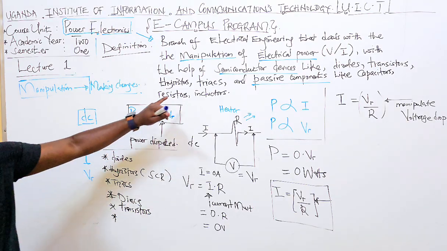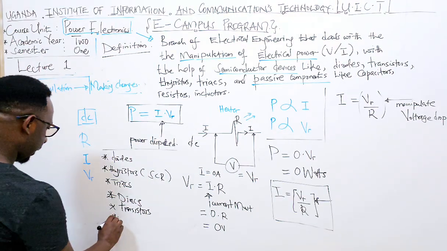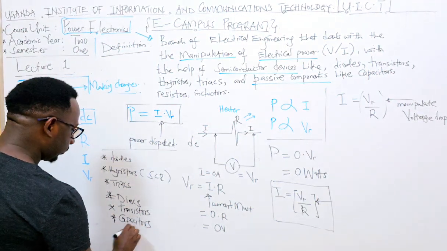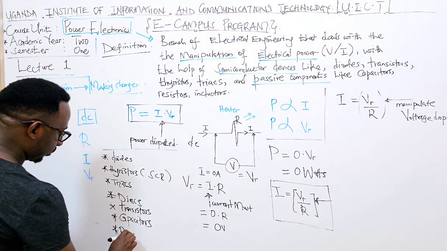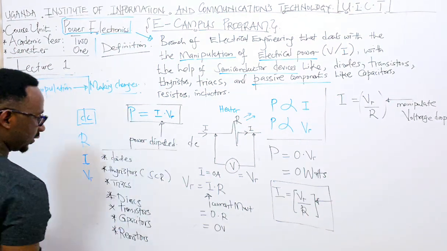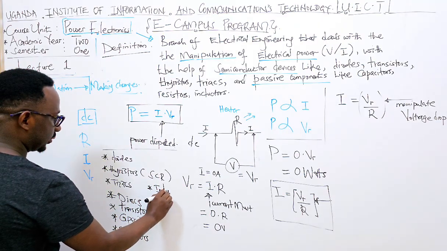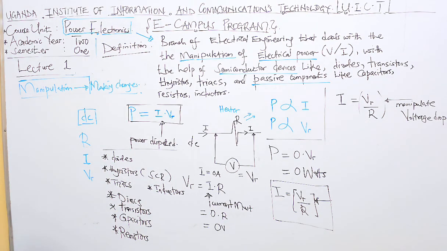So we are going to pull this off with semiconductors and passive components like capacitors, resistors, or even inductors. Very many components in electronics fall in this category.